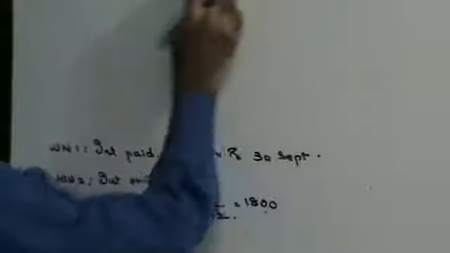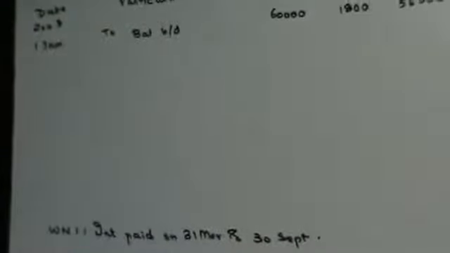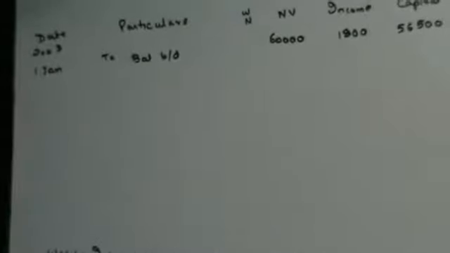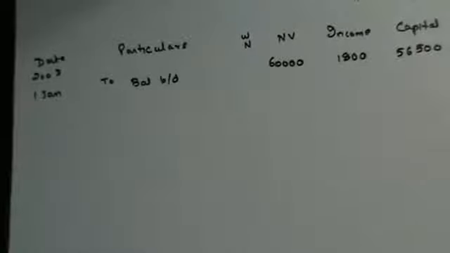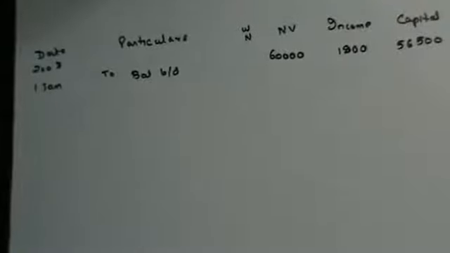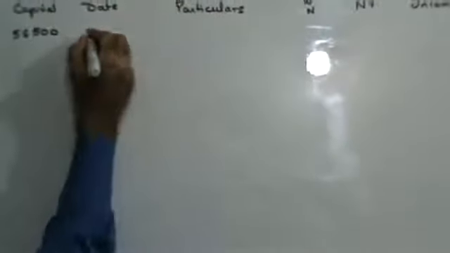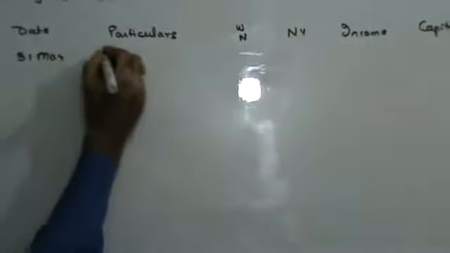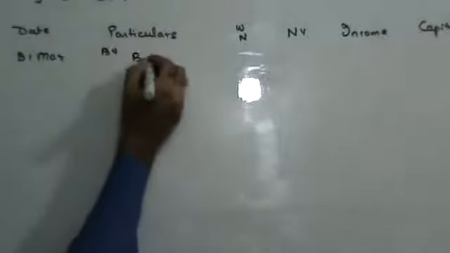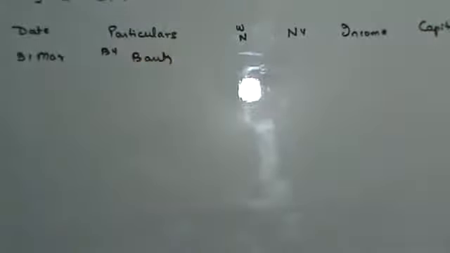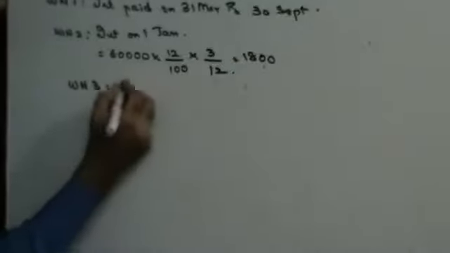Guys, before we go in for purchase, you have interest payment due on 31st March. So you need to pay interest on 31st March. We had made it due, so let's pay it. 31st March by bank. Let's find out how much the interest is going to be.